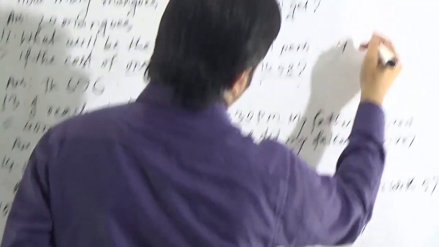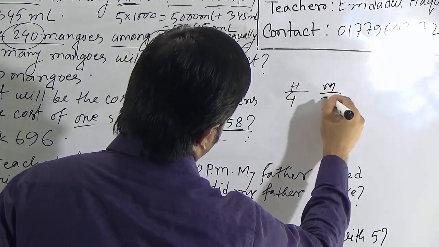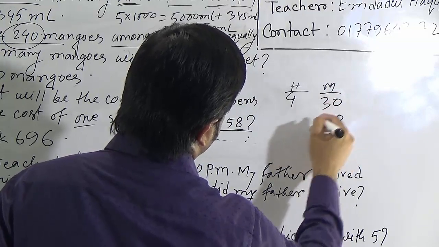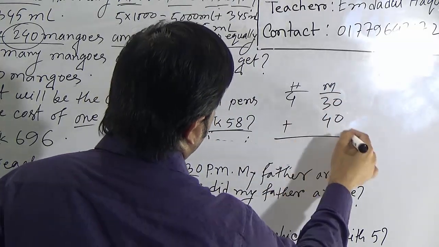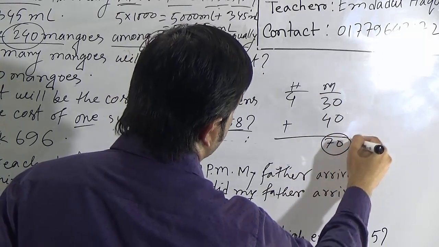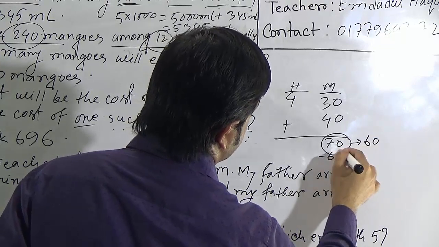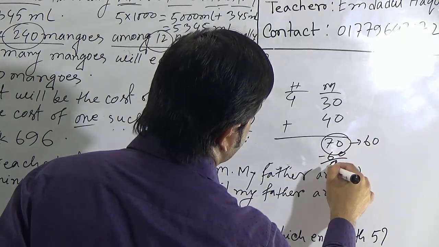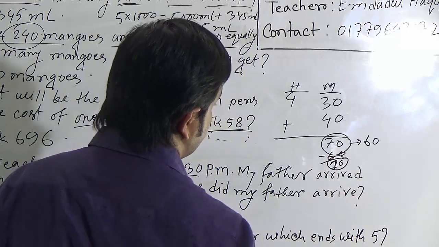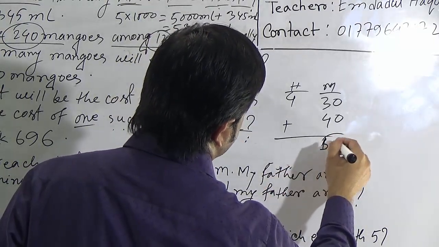Here 4 hours and 30 minutes. Now add 40 minutes with this, we'll get 70 minutes, but we know 1 hour equal to 60 minutes. So if we subtract 60, we'll get 10 minutes.